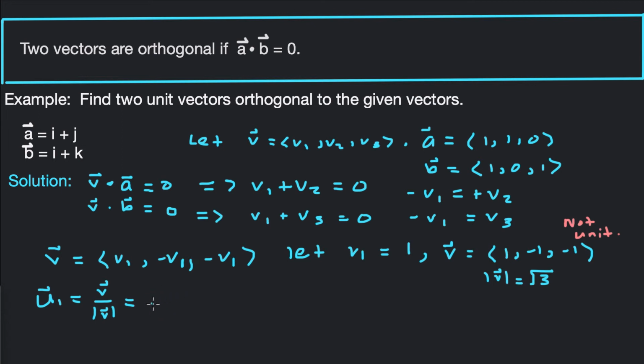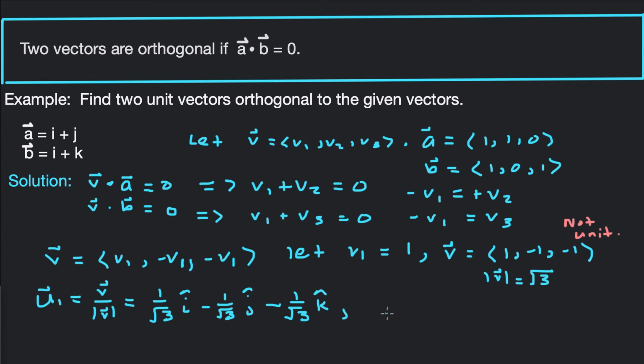So this unit vector number 1 is going to be 1 over root 3 i hat minus 1 over root 3 j hat minus 1 over root 3 k hat.